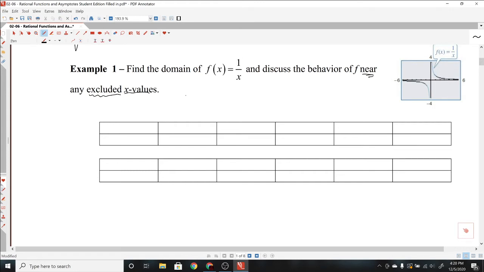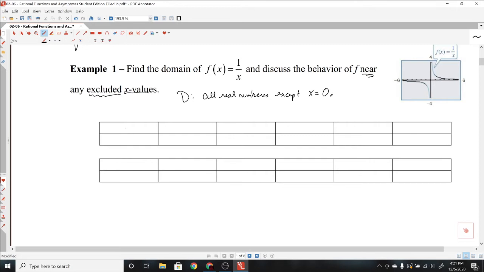So the domain of this function is going to be all real numbers except x equals, well, this is a pretty basic one. The denominator is x only, so the denominator would be 0 if x was 0. So the domain is any real number except for x equals 0.